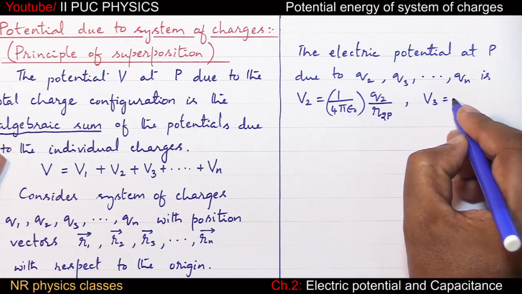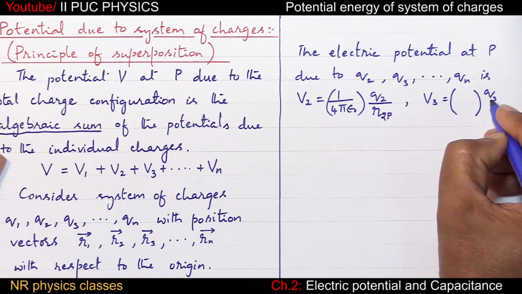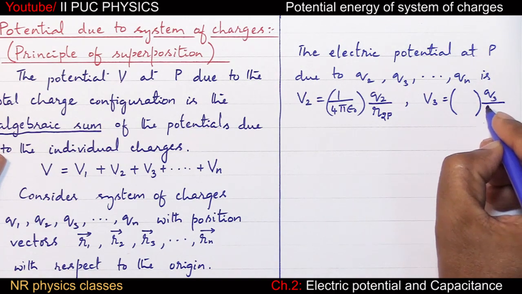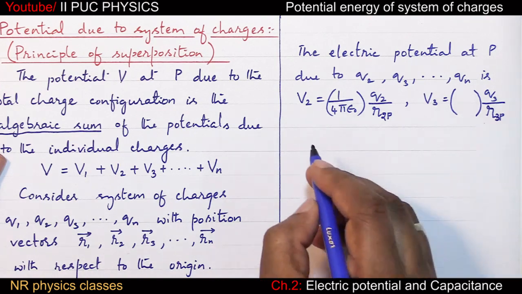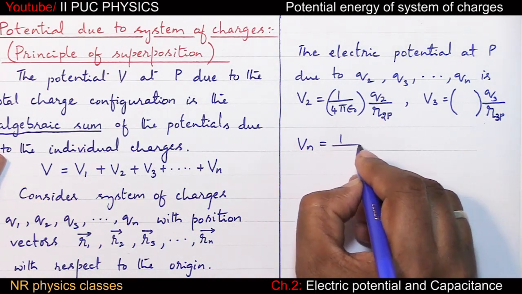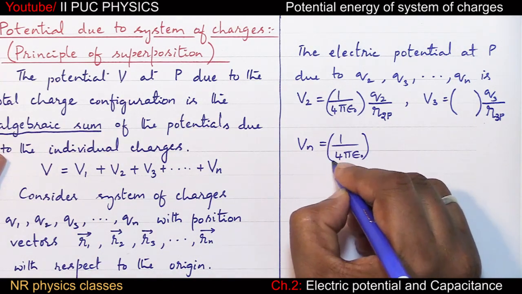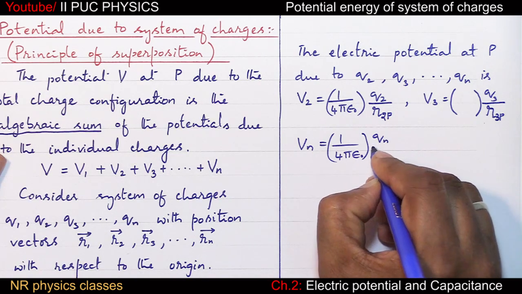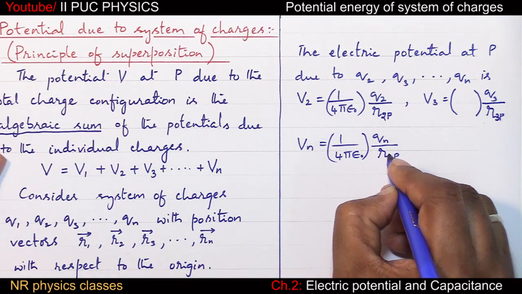V3 equal to the same constant, Q3 by the distance of P from charge 3. Vn equal to 1 by 4 pi epsilon naught, Qn by the distance of P from the nth charge.